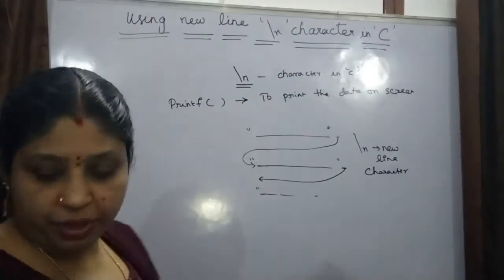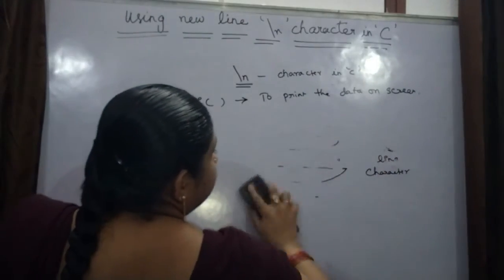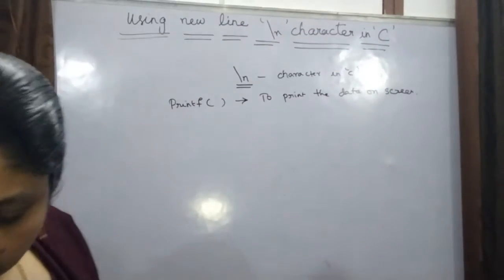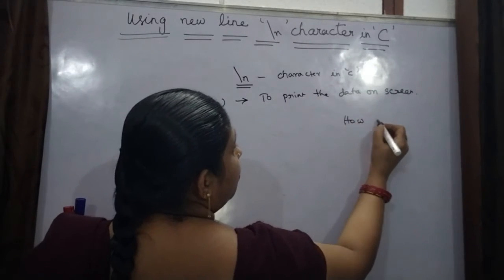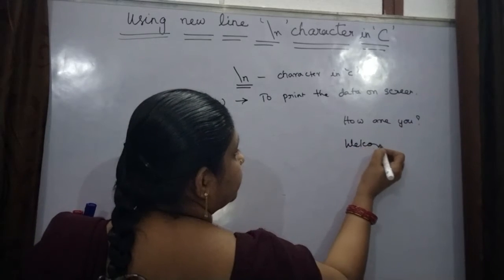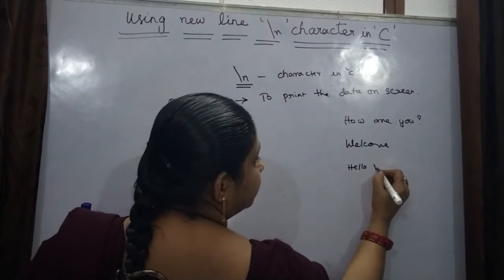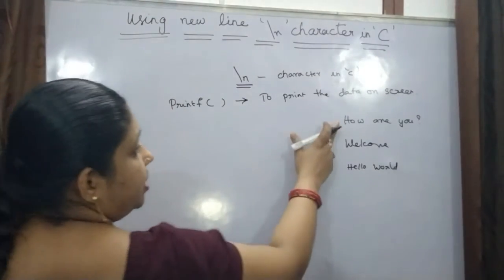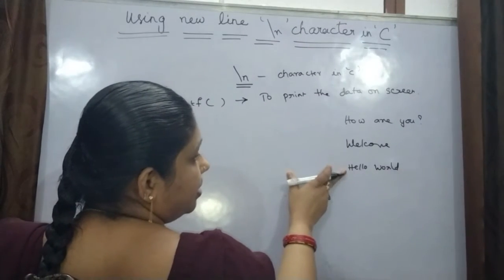So with this \n new line character, you can print the data in the next line. I will show you how. Suppose I want to print data like this: How are you? Welcome. And hello world. You are using these three statements: first sentence, second sentence, third sentence.